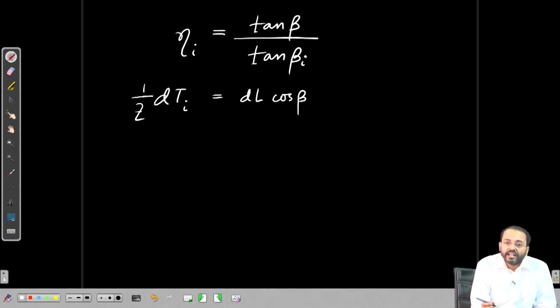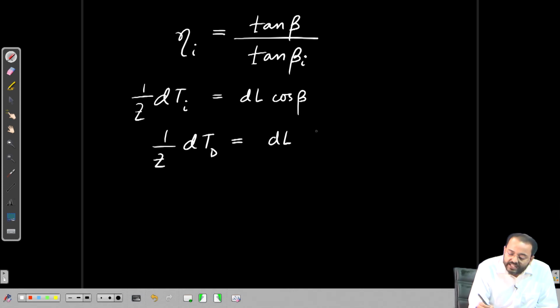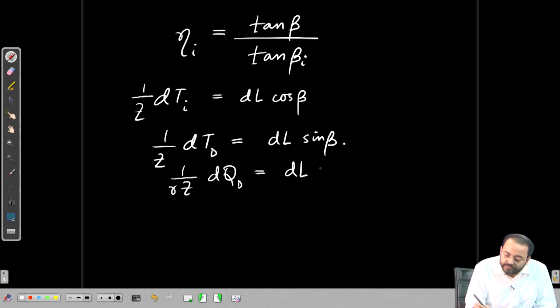If we remove the ideal assumption, so if we consider the drag, we can have another part dTd, for which 1 by z will be dl sin beta, and similarly for torque 1 by rz dQ from the drag part will be dl cos beta.